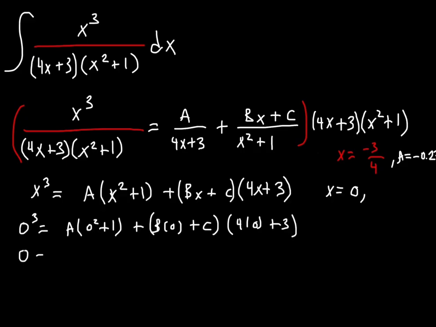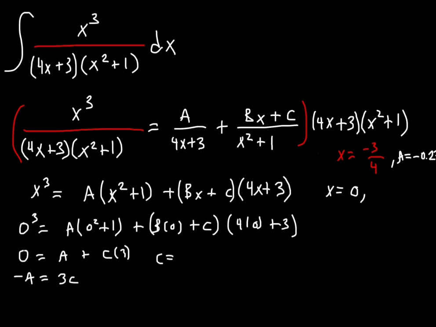So 0 is equal to A times 1, so it's just A, plus B times 0 is 0, plus C, so 4 times 0 is 0, plus 3, so times 3. So negative A is equal to 3C.